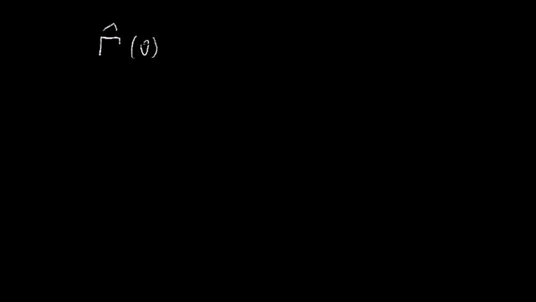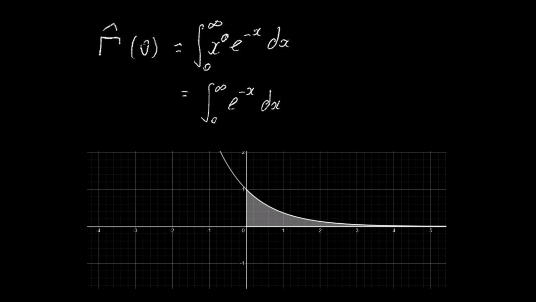We can see where the relation comes. Gamma hat of 0, well that's just this. Anything to the 0th power is just 1, so we get this integral, which is basically just finding this area right here.